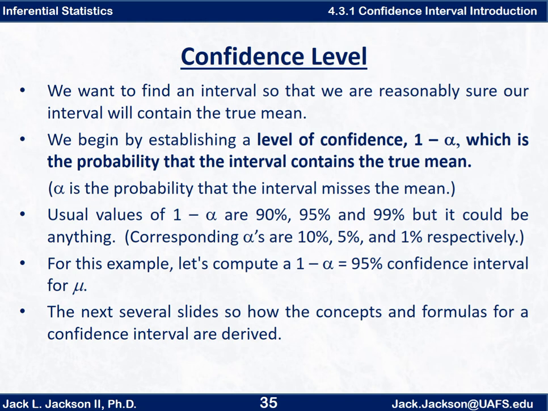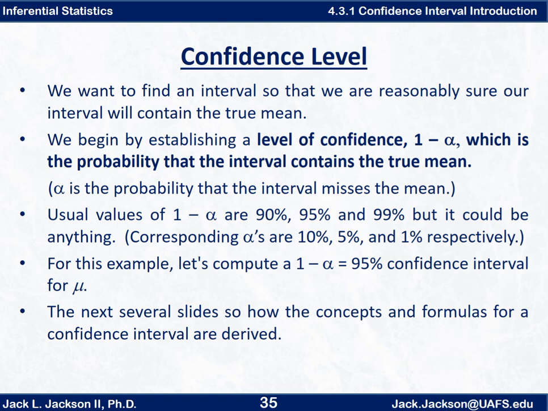Now, these 1 minus alpha and alpha are probability values. They can be anything between 0 and 1. But the usual values we use for confidence level are typically 90%, 95%, and 99%. But it could be anything. We could talk about a 92% confidence interval or an 87% confidence interval. But it's usually a 90, 95, or 99%.